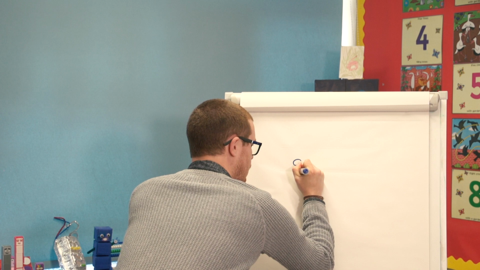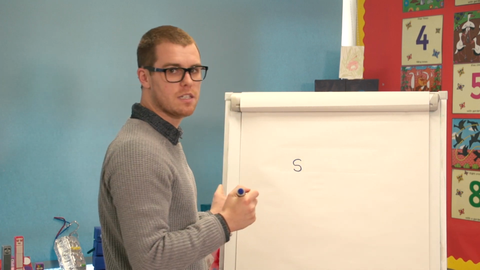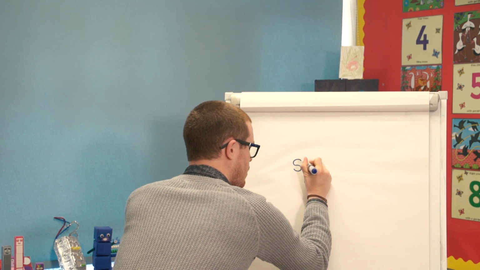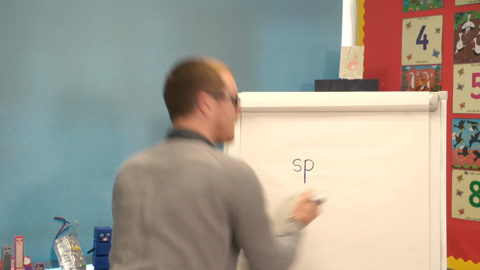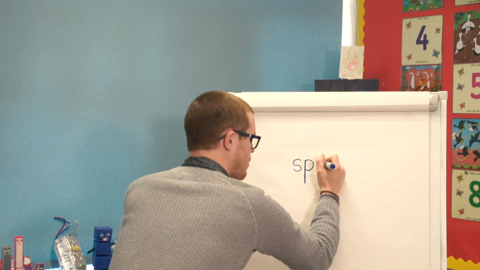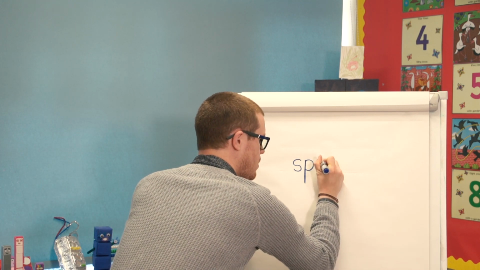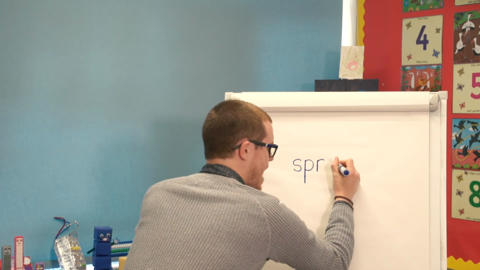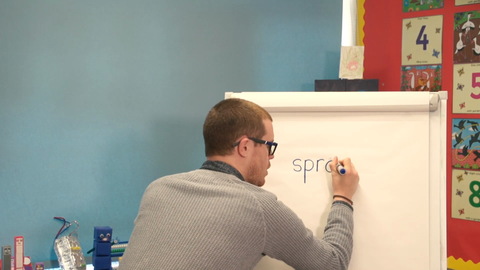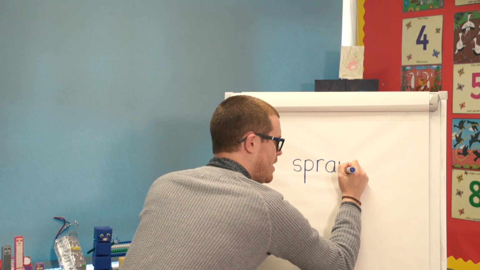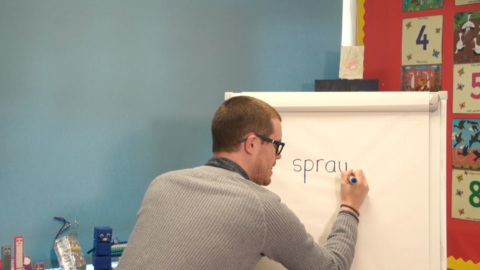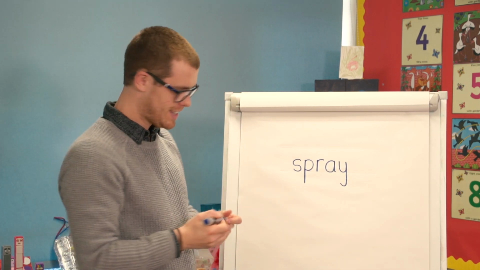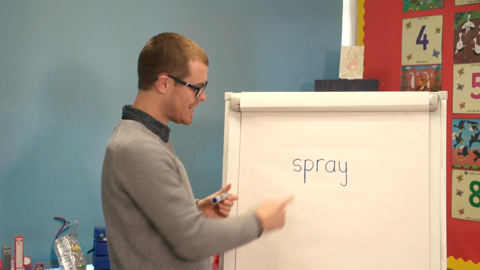I'm going to write the word spray. The first sound is S. Then we have P. And the third sound is R. The A sound is at the end. So it needs to look like this, with A and Y. Spray.